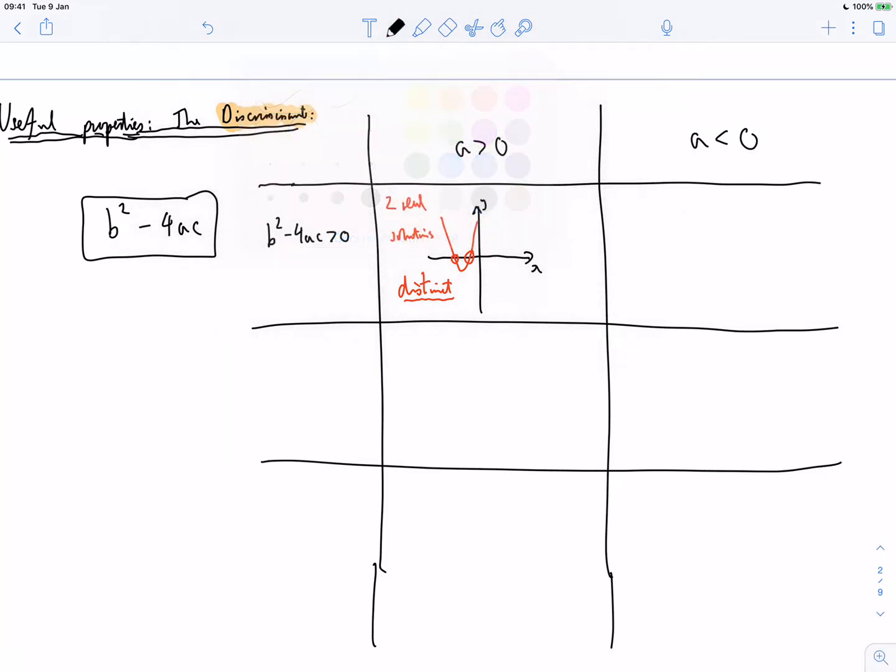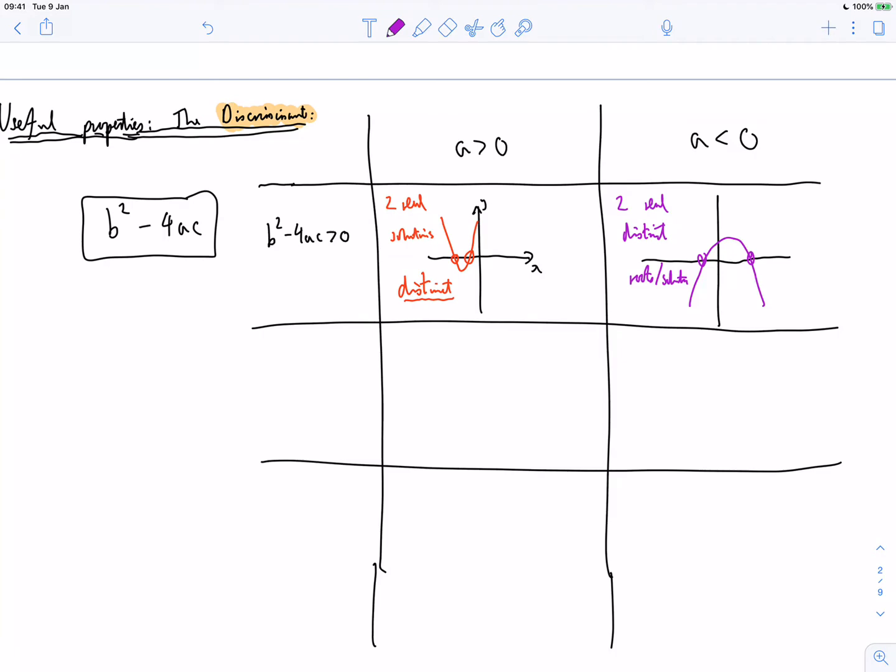Now, if a is less than 0 and b squared minus 4ac is still positive, then what's going on is a very similar thing, but this time you've got an n-shaped parabola and there's still two real distinct roots or solutions. Solutions, roots, it's fine.